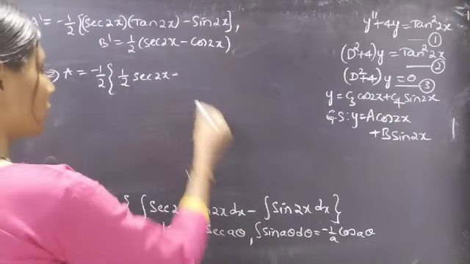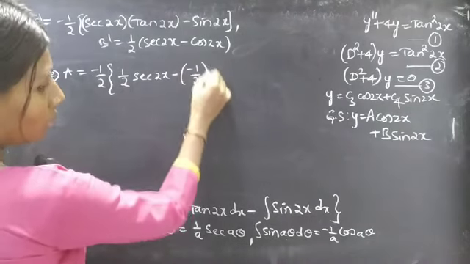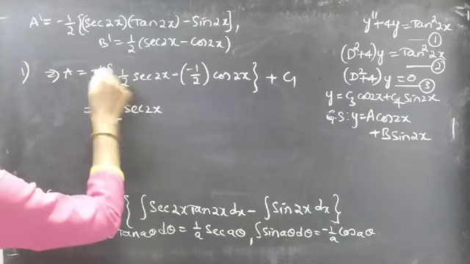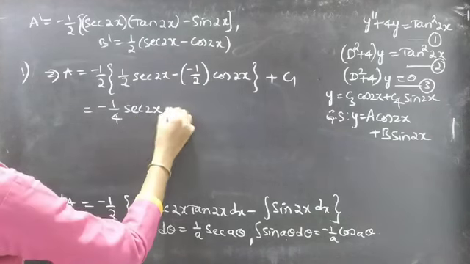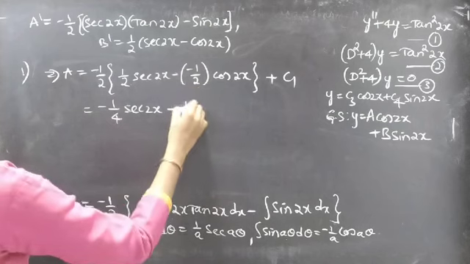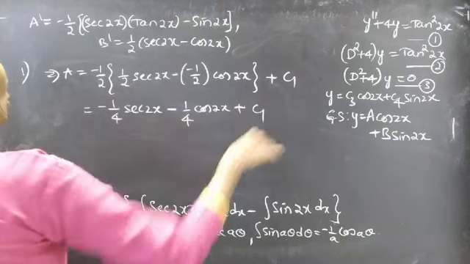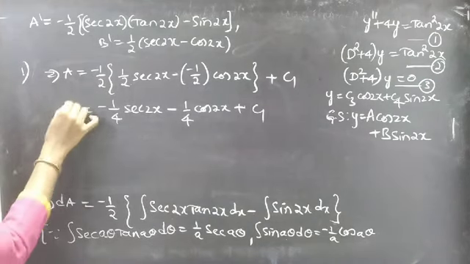For a equal to 2 we'll get minus 1 by 2 cos 2x plus some integral constant, say c1. This equals minus 1 by 2 into 1 by 2, which is 1 by 4 secant 2x, minus into minus becomes plus, 1 by 2 into 1 by 2 is 1 by 4 cos 2x plus c1. So we got A here.